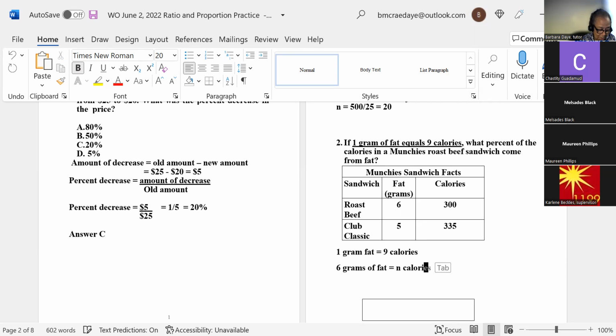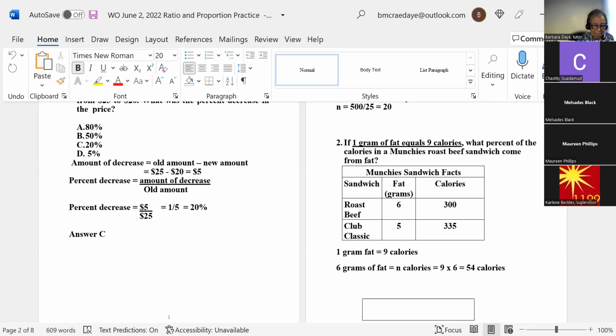What is N, Mercedes? N is 54. That's it. I told you you knew how to solve it, right? So 6 grams of fat would be 9 times 6. Okay, in calories, I'll just put here equal 9 times 6 equal 54 calories.